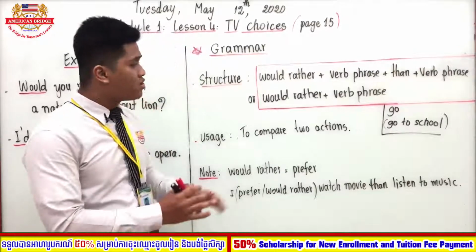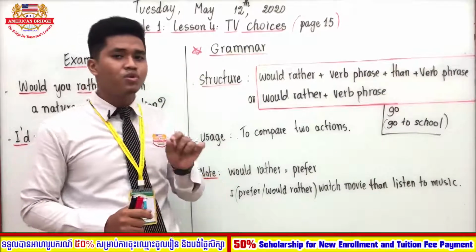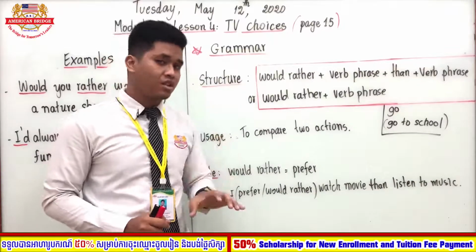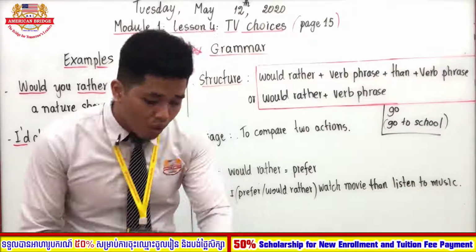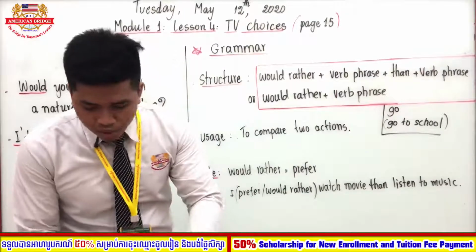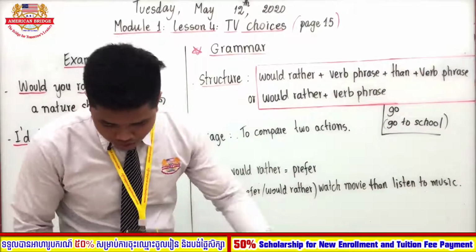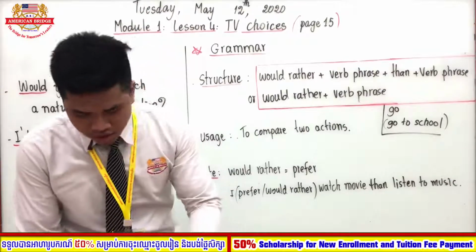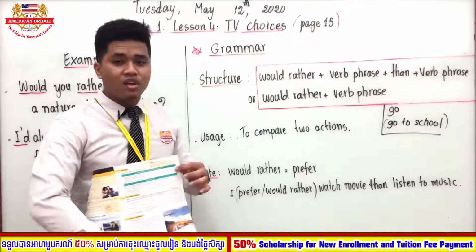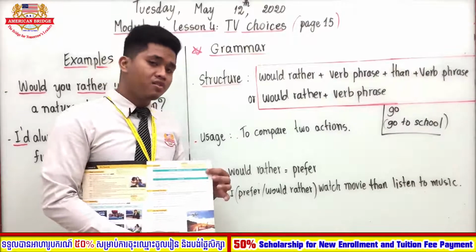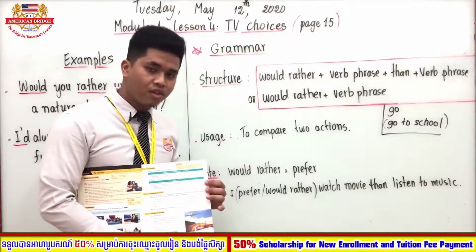Okay, I think for this short explanation, I hope you caught up with the lesson. But if you cannot catch up with the lesson, you can open your book, everyone, on page 15. On page 15, there is a box which is a simplified explanation. It is very simple.